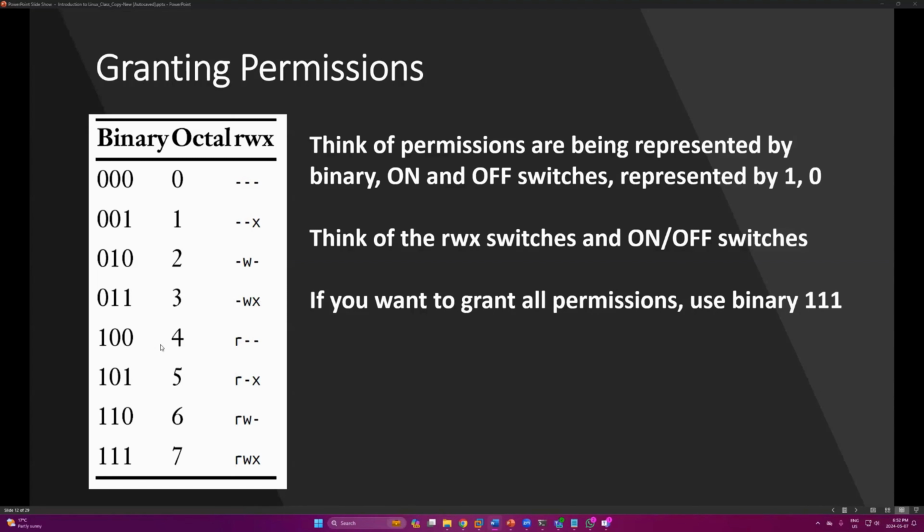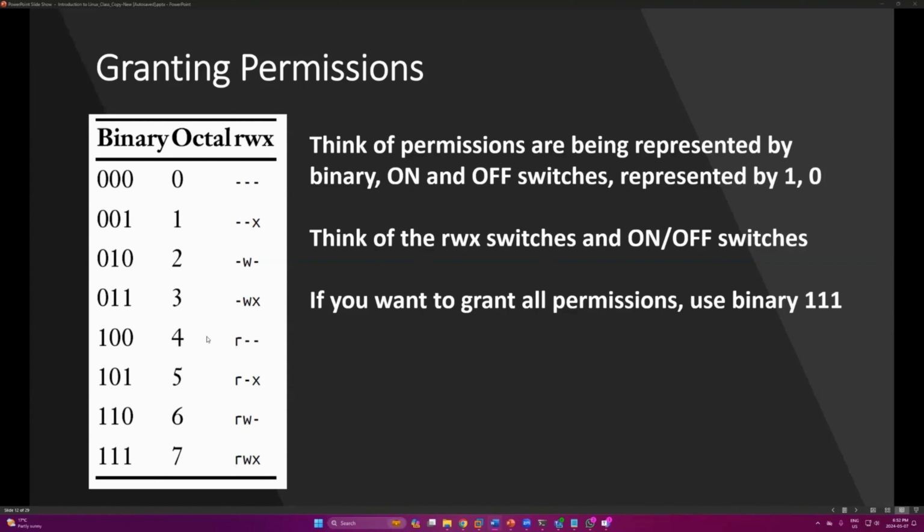You go up by another 1, so number 4 is represented by 1, 0, 0, which is read, right? And then it just keeps on going. So 1, 0, 1 is read and execute. 1, 1, 0 is read and write, and 1, 1, 1 is read, write, and execute, right?